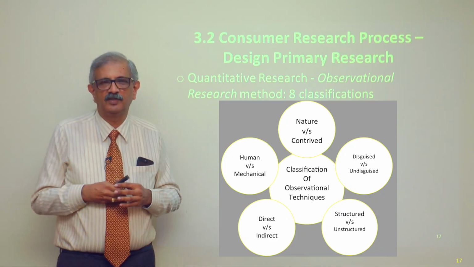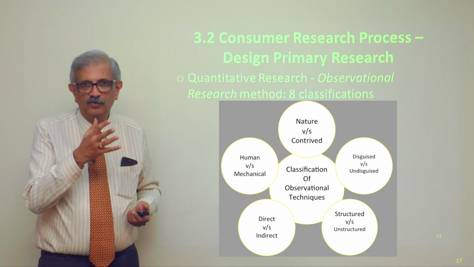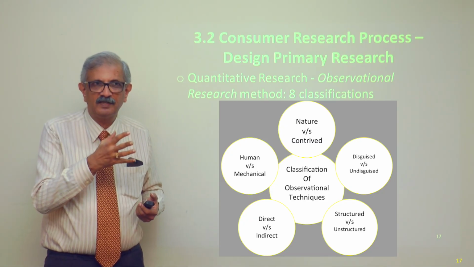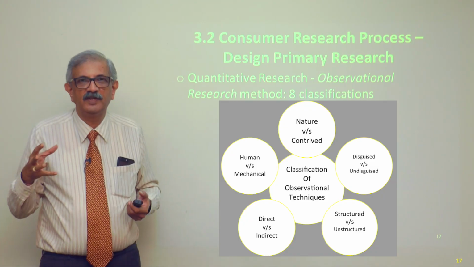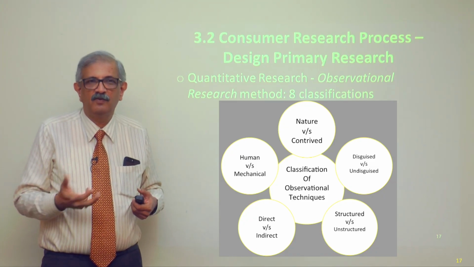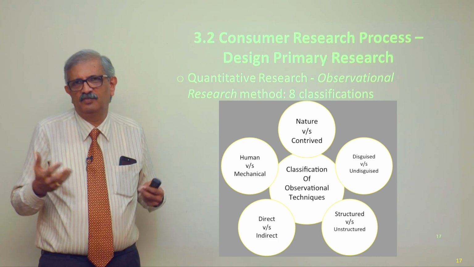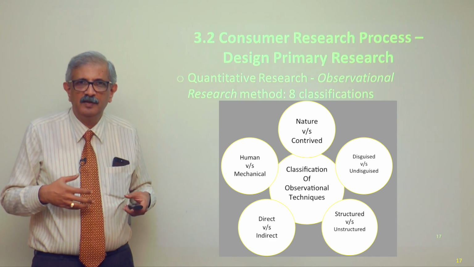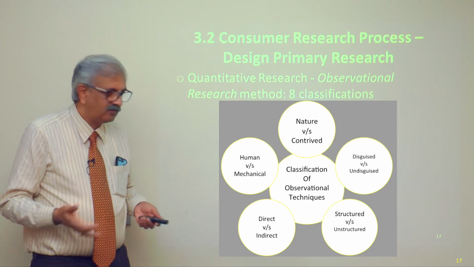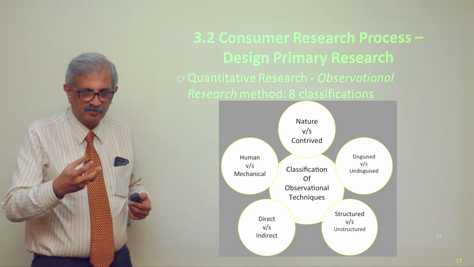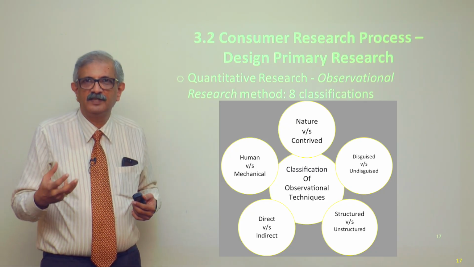Structured versus unstructured. Here you do it in such a way that the consumer moves in a very structured way through his natural purchase cycle, while unstructured is when you just allow the natural things to happen and then you derive your message. Direct versus indirect, in the sense that there is a specific objective for which a direct approach is possible.